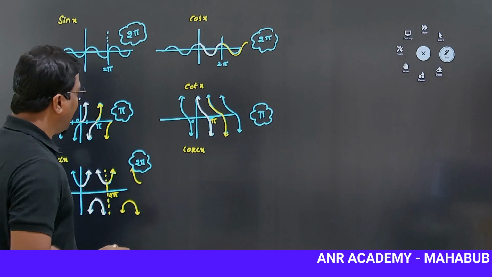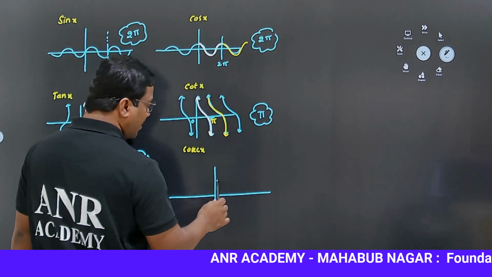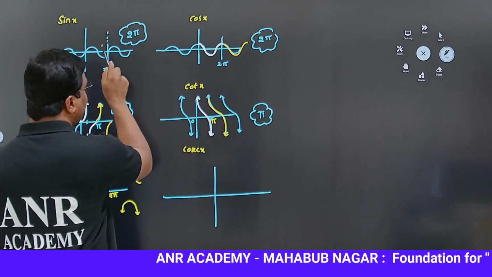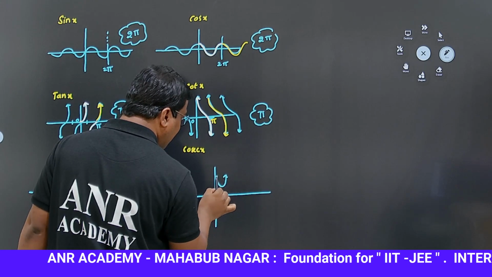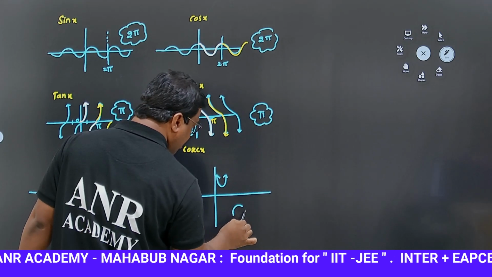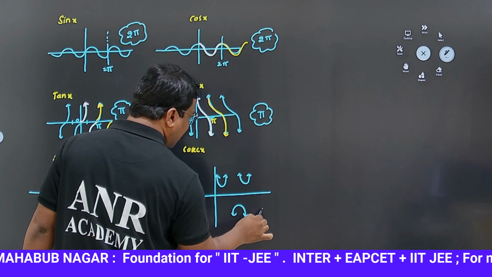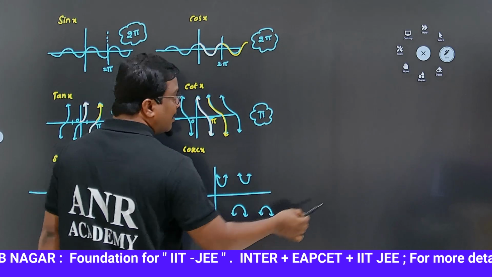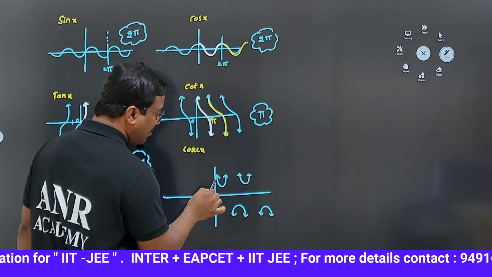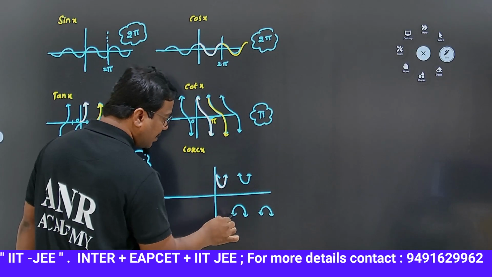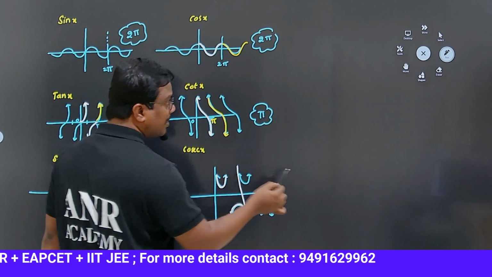Next, the graph of cosecant x. It is the reciprocal of sine. The sine graph in the interval 0 to pi by 2 is positive, and you will get the reverse of sine. This is the graph of cosecant x. Whatever graph you have near the origin, observe from the graph where the same graph repeats, this one and this one, and after that here the repetition starts.